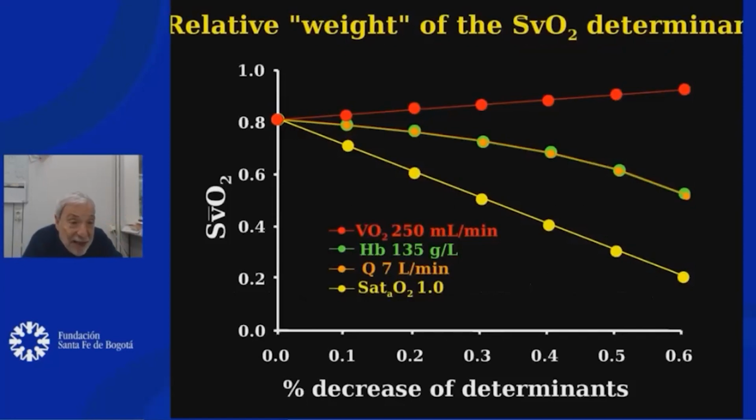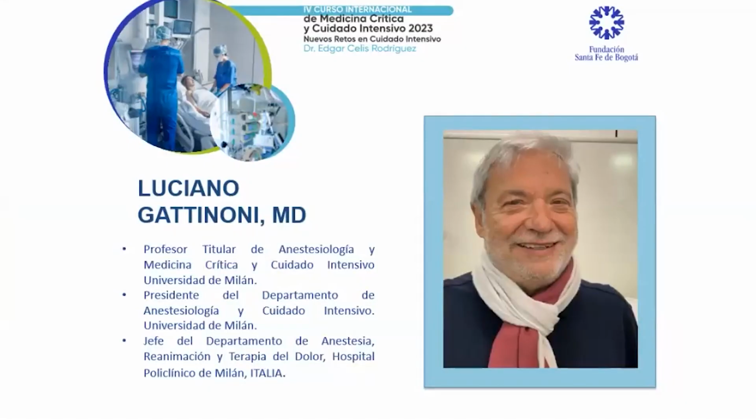And let's see, these are the determinants of SVO2. As an example, if we decrease the arterial saturation, cardiac output or hemoglobin by some percent, or increase oxygen consumption, this is how the SVO2 changes.